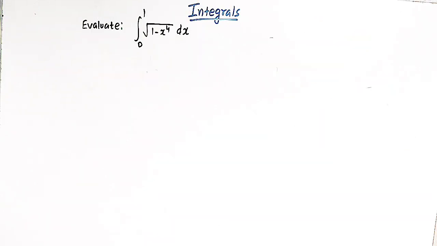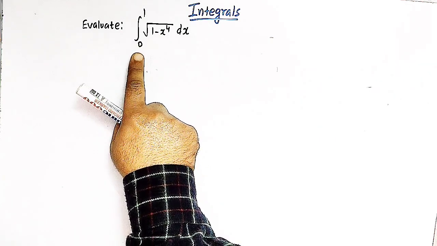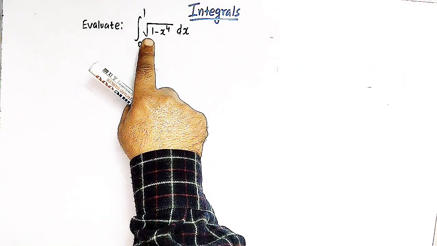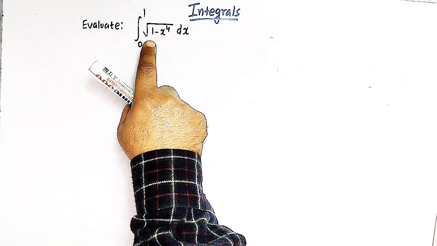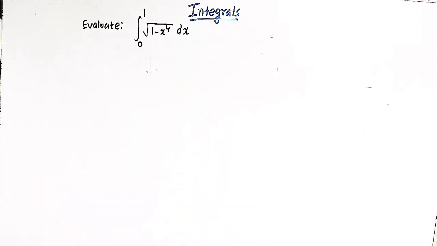Hello viewers, in today's session we are going to discuss another important application of beta and gamma functions to solve this given integral. So here we have to evaluate this definite integral that is from 0 to 1, and the integrand is square root of 1 minus x raised to 4, and here we have dx, right?